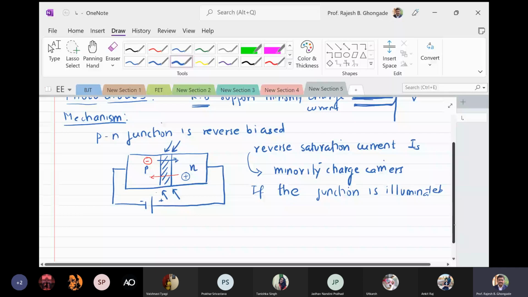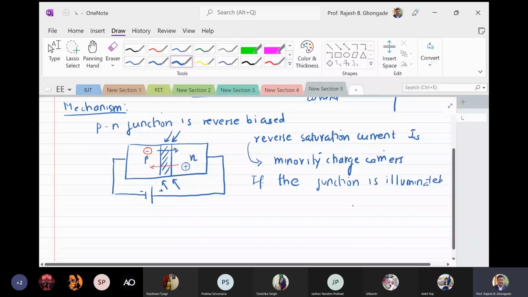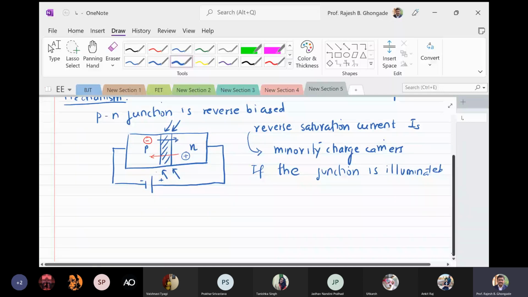If the junction is illuminated, it increases the number of charge carriers, and hence the reverse saturation current also increases. These types of diodes are special diodes which are called photodiodes. Okay, the symbol of a photodiode is something like this. Again, it is enveloped, and then you have arrows pointing towards it. So this is basically the symbol of a photodiode.